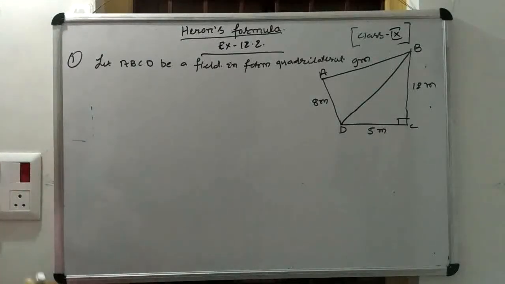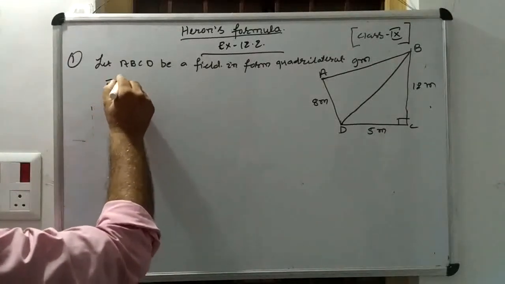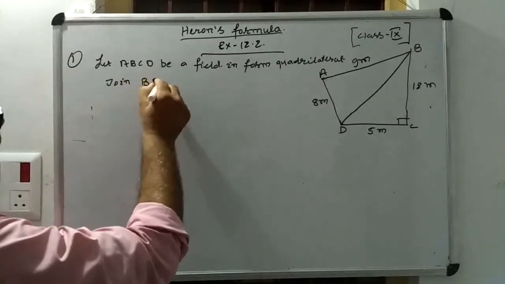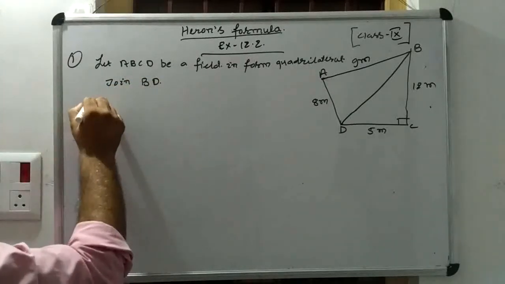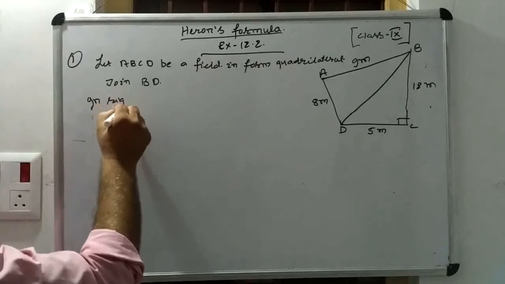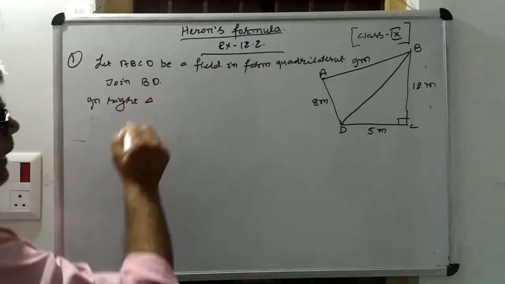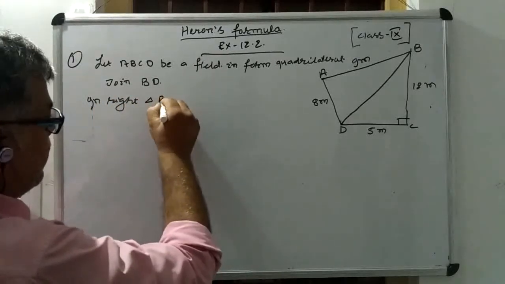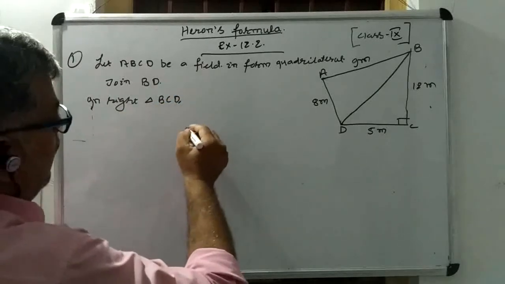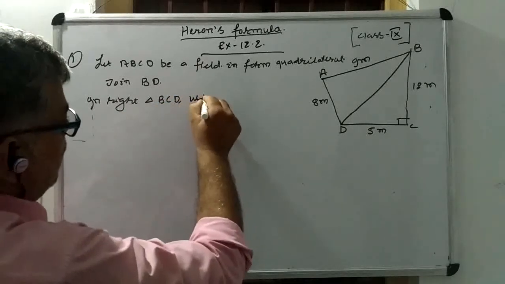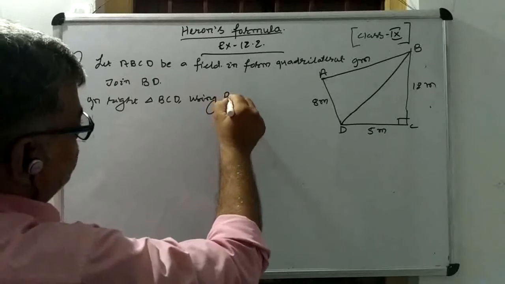Now join BD. Now in right triangle BCD, using Pythagoras theorem to calculate its hypotenuse.